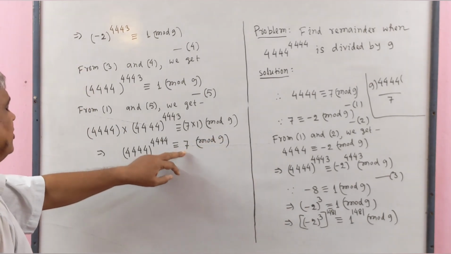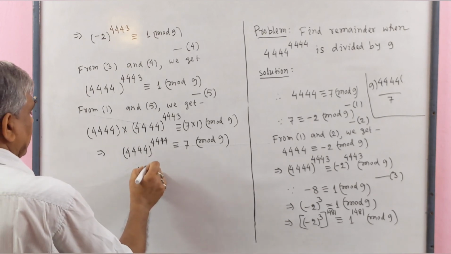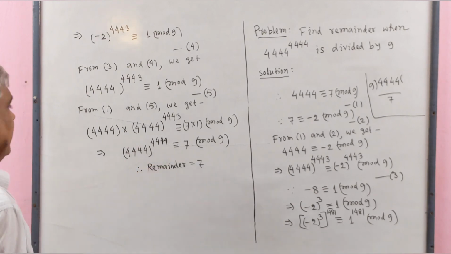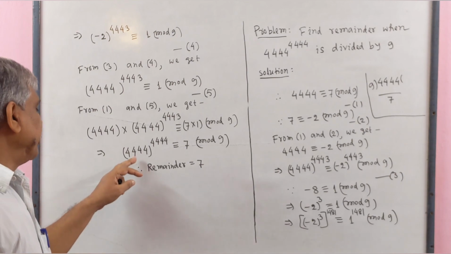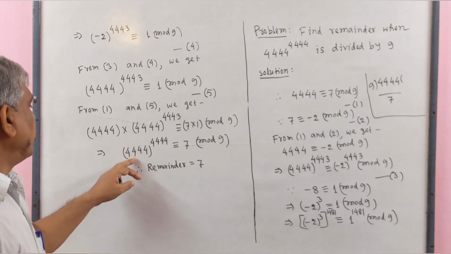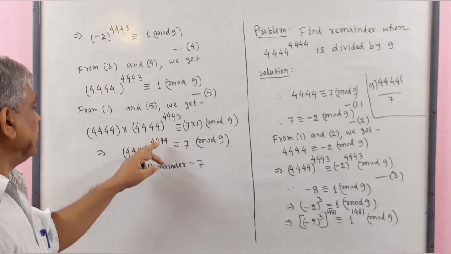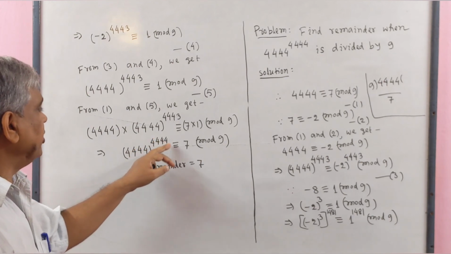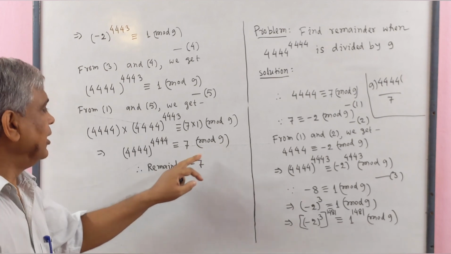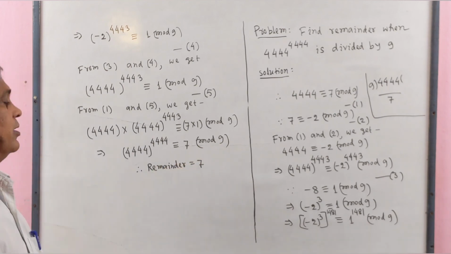Therefore, the remainder is 7. Hence, if 4444 to the power 4444 is divided by 9, it leaves remainder 7.